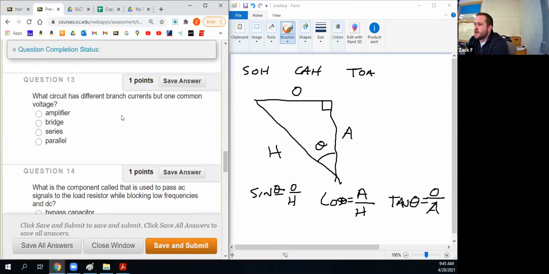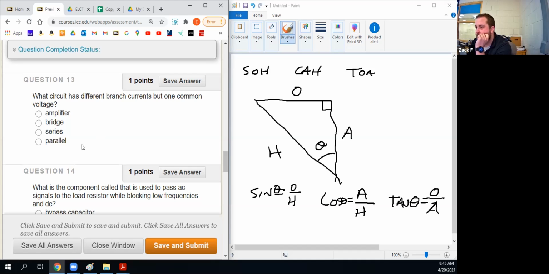What circuit has different branch currents, but one common voltage? Let me reword the question. What kind of circuit has the same voltage throughout, but on each branch, the current is different?